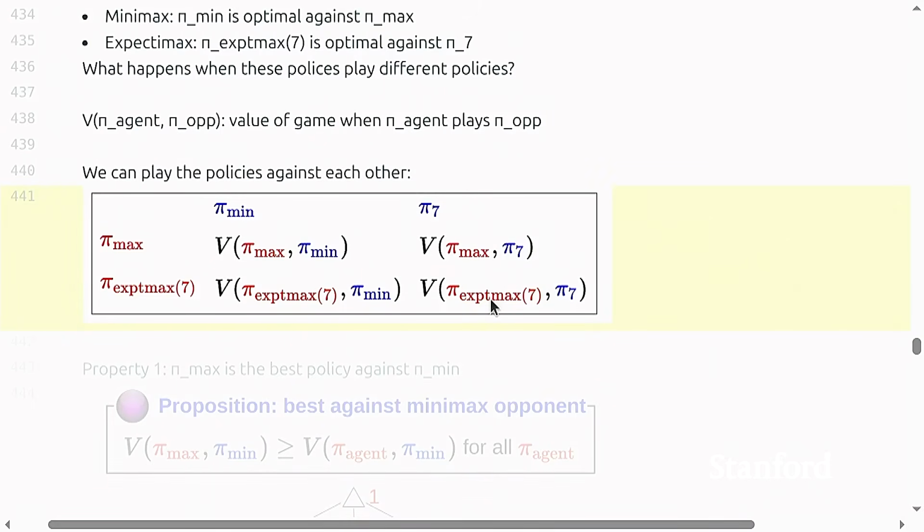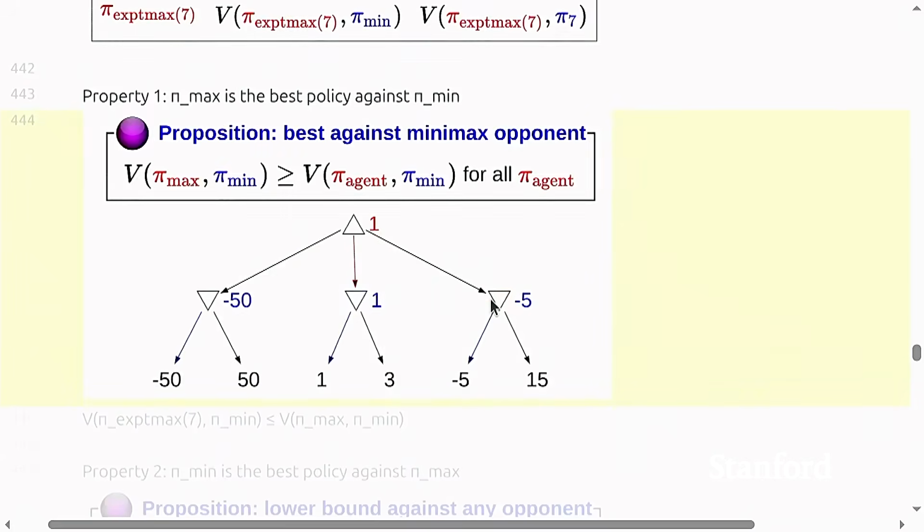There's 3 properties here. So the first property, remember, is pi max is the best policy against pi min. Okay, in particular, this is saying that this value is at least as great as if I had substituted any other agent. In particular, this is the pi max policy. If I substitute a pi agent that does something else, it can only decrease the value.